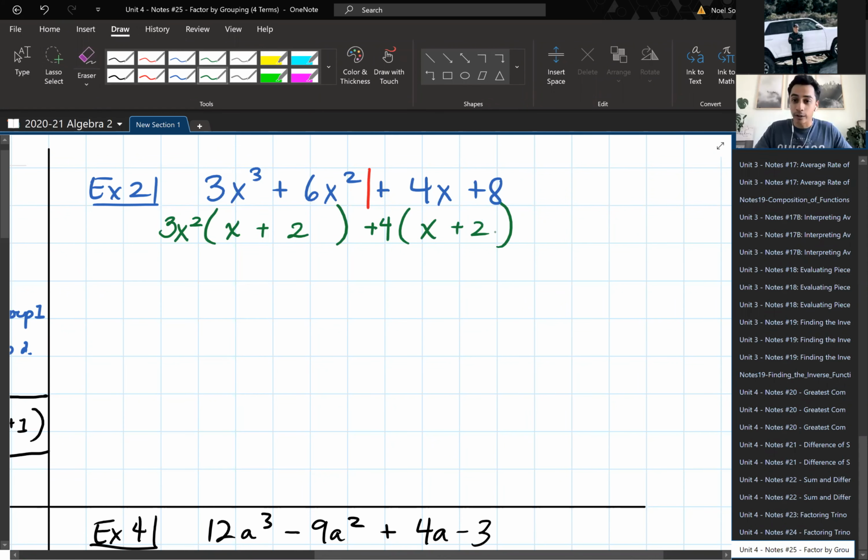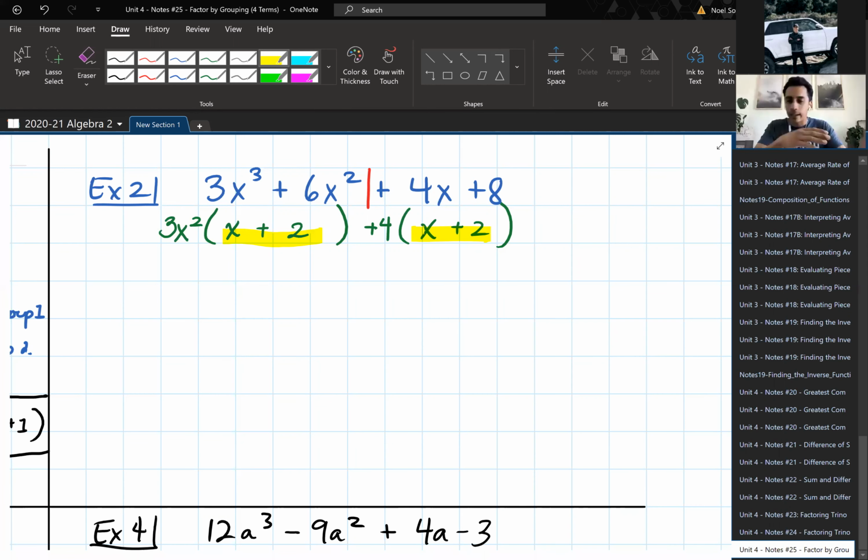All right, how do you know you're on the right track? Yeah, because the x plus 2 matches, right? Whatever's inside the parentheses will match. Whatever's on the outside of the parentheses, that doesn't have to match. That's fine. But the inside should match. All right, so now you have a new GCF. What is that new GCF?